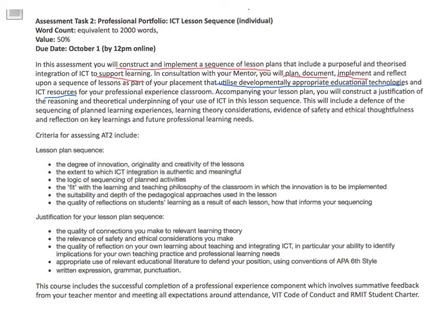It may also be that you are not being given any scope within the lesson plan to deviate from the plans that your mentor has already developed, and therefore your capacity to integrate appropriate educational technologies is somewhat constrained.